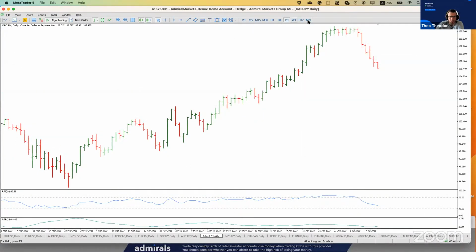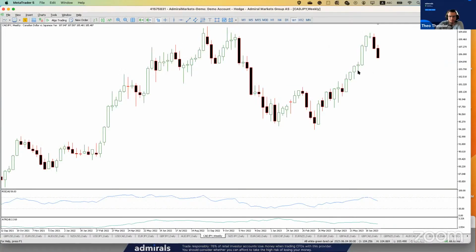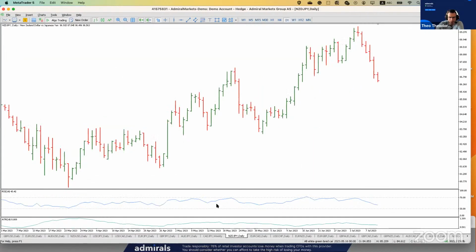And of course, Canadian dollar, JPY, pretty much the same scenario. But again, I would prefer to leave the CAD out of the plans for today, at least until we see what's going to happen with the interest rate. The only trades I would like to participate in with the CAD is to buy it, ideally, instead of selling it.